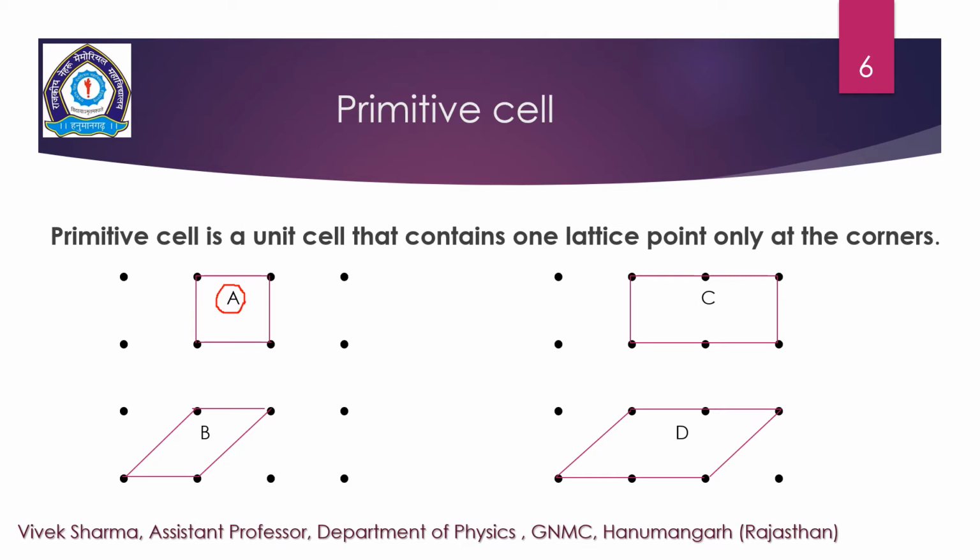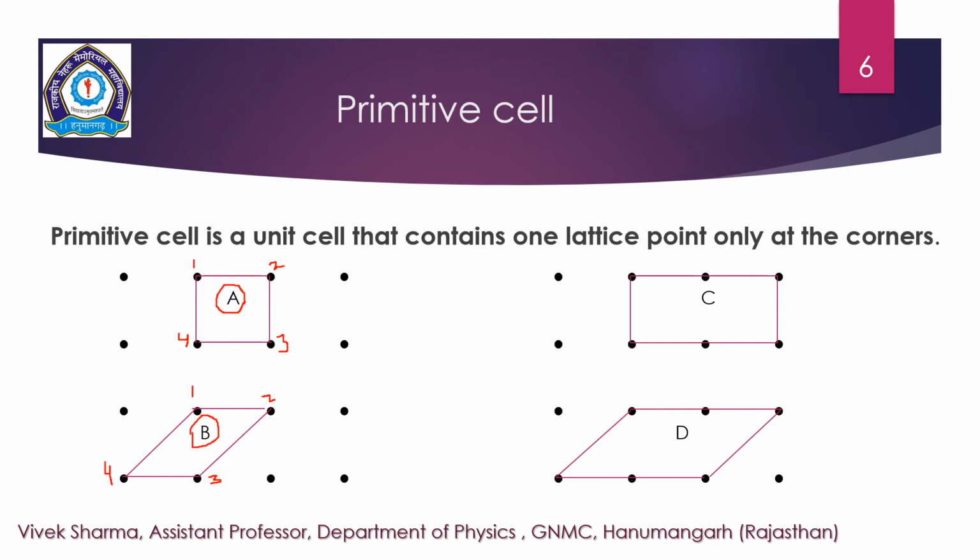If we discuss unit cell A, it is clear that there are only four corners, which we name 1, 2, 3 and 4. Only four corners are there, and at each corner one atom is there. Similarly, if we define structure B, again 1, 2, 3 and 4, only four corners, and again at each corner there is an atom.